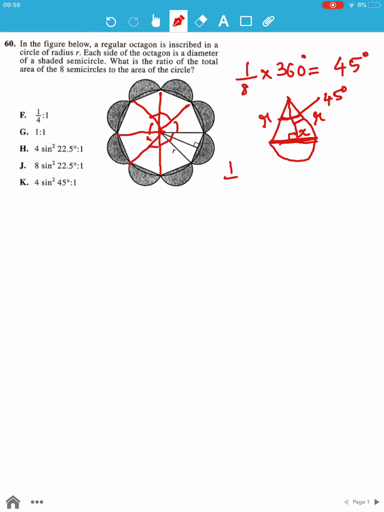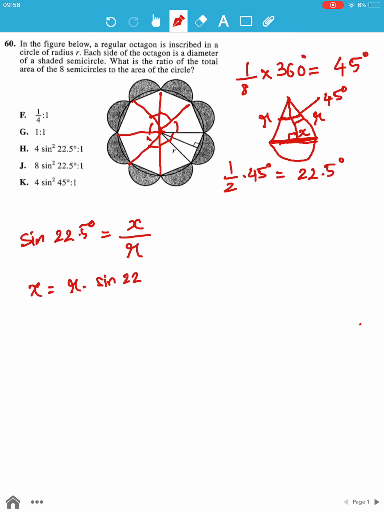Half of 45 gives us 22.5 degrees. So sine of 22.5 is equal to x, which is the radius here, over r, which is the radius of the larger circle. So x is equal to r times sine of 22.5.